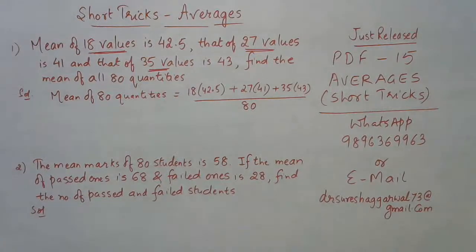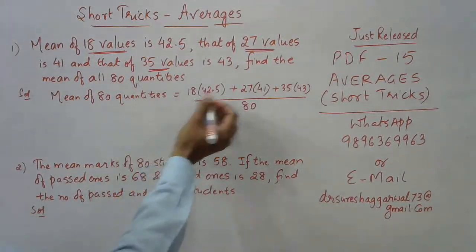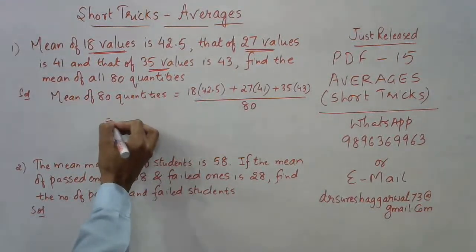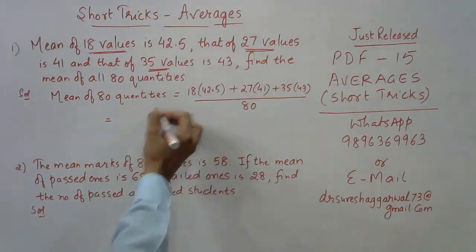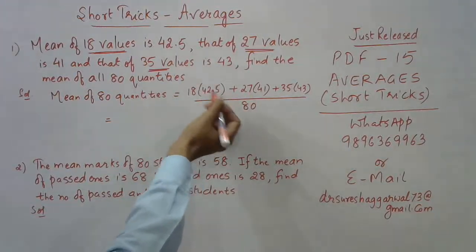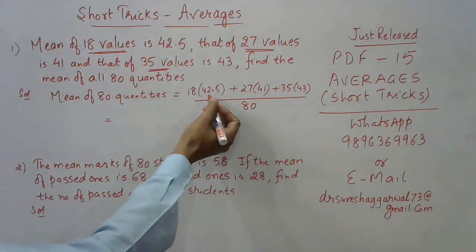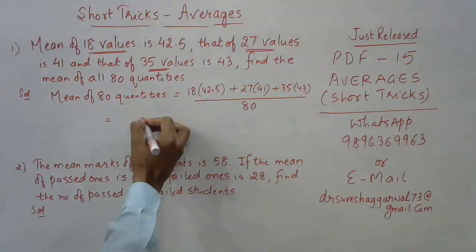Now there are three different calculations which you have to actually find out. This is 18 into 42.5, which is, okay, I'll just do it. 18 times 5 is 90, so 0 means there will not be any decimal here. This is 36, and then 5.